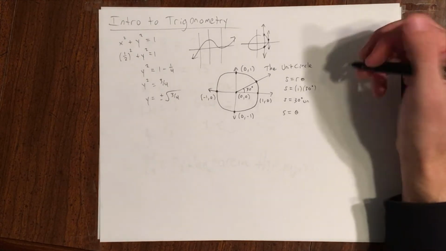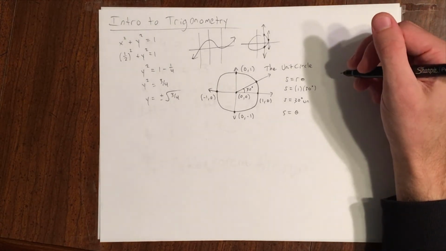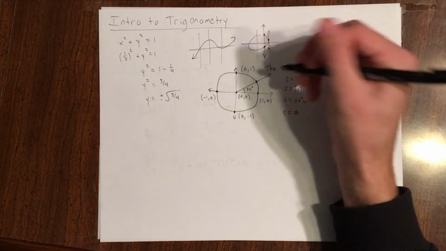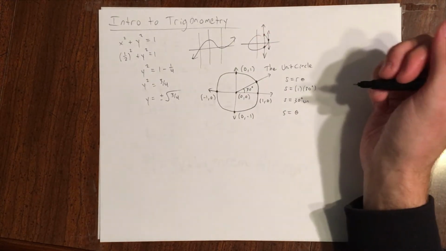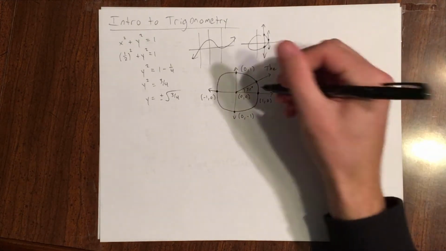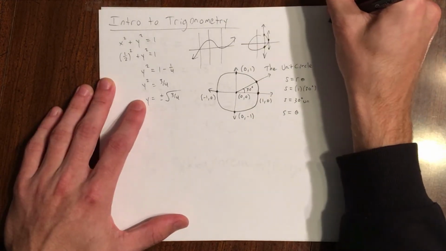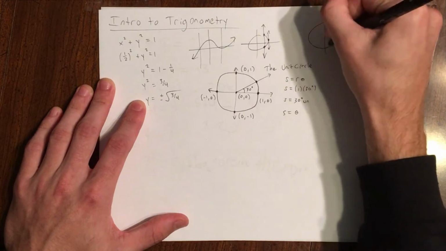Okay. Now, what we want to do is say, what is the coordinate of this point? So, I know my circle is really bad here. Maybe I'll just draw another one real quick. It's a little bit better.